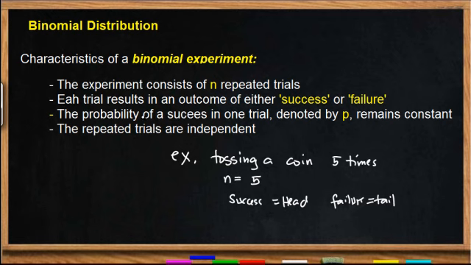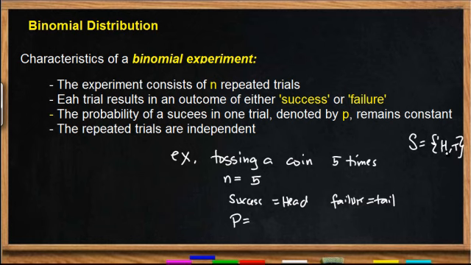Then, the probability of a success in one trial is denoted by P. For example, in this case, ang probability nga matoss nato og coin, P equal to what? What do you think? Kung mag-toss ta og coin, unsa man ang possible outcome ana? Sample space of tossing a single coin is head or tail.